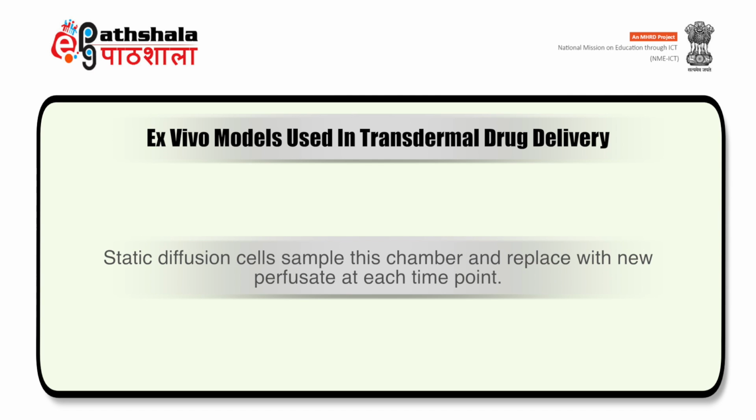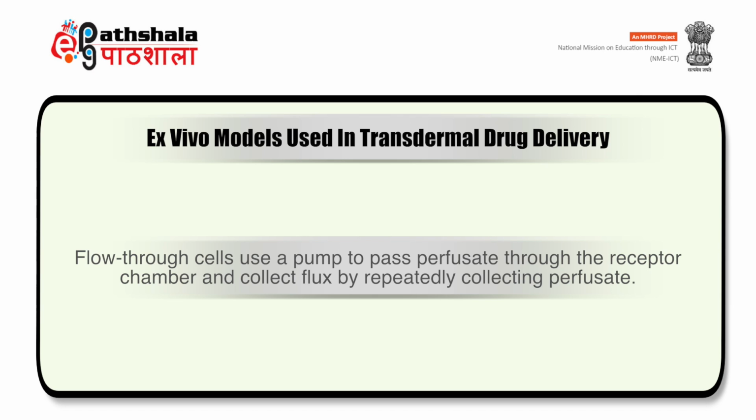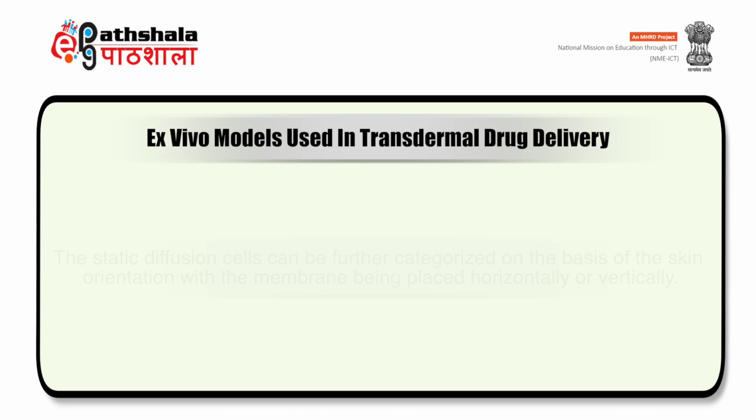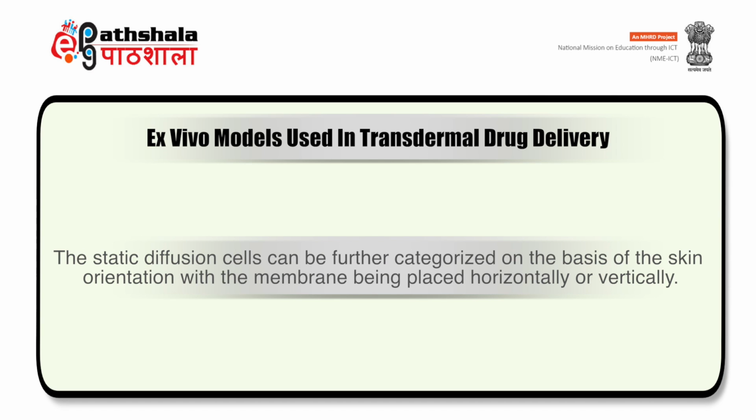Static diffusion cells sample this chamber and replace with the new perfusate at each time point. Flow-through cells use a pump to pass perfusate through the receptor chamber and collect flux by repeatedly collecting perfusate. The static diffusion cells can be further categorized on the basis of skin orientation, with the membrane being placed horizontally or vertically.